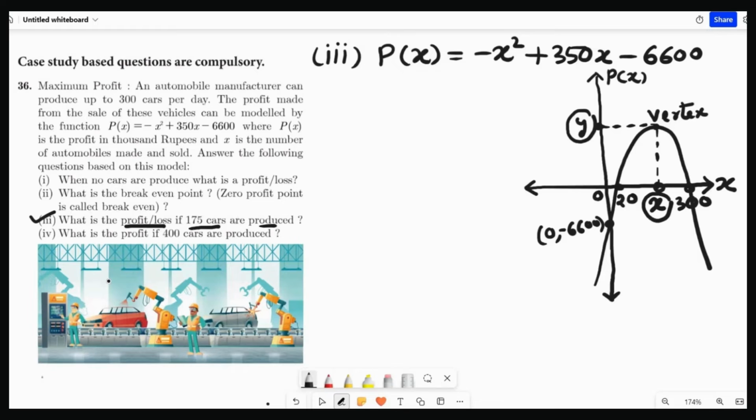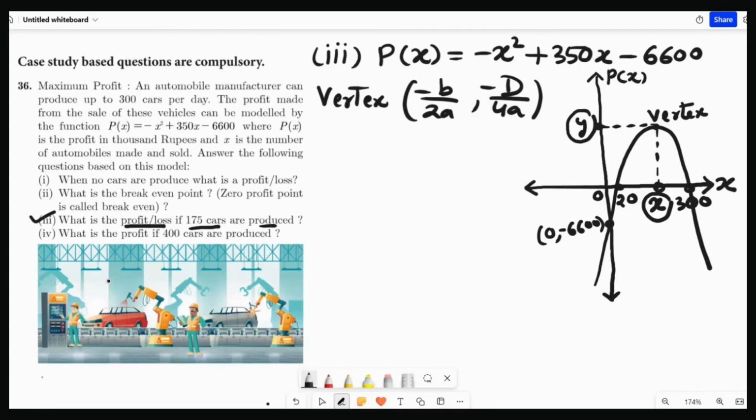So we should find that vertex, and we know that the vertex of a parabola has the coordinates minus b by 2a, comma, minus D by 4a, where D is the discriminant. You have to pick up a, b, c from this equation.